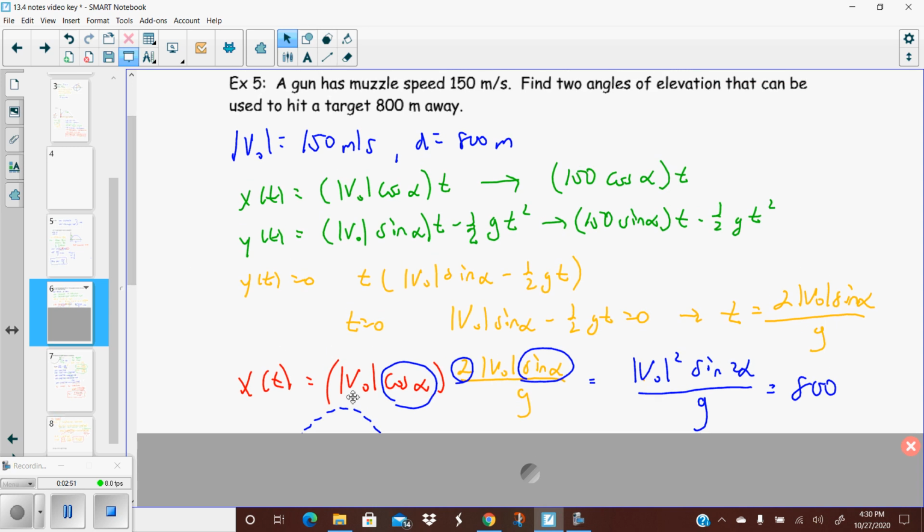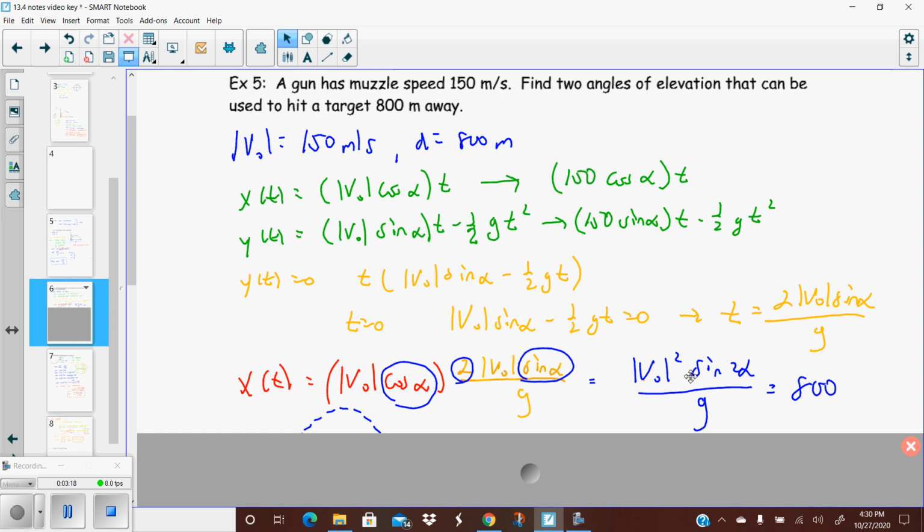Remember that x of t is magnitude of the initial velocity cosine of alpha times t. But what I did was I solved the y portion for t, so I can substitute that value in here for t, which is going to allow me to use that 2 sine cosine combination to write sine of 2 alpha. And then I've still got this magnitude of the initial velocity times itself, because here's one and here's another one.